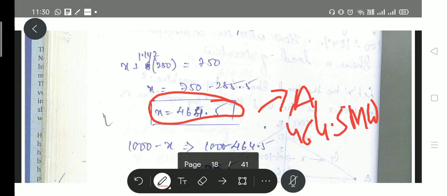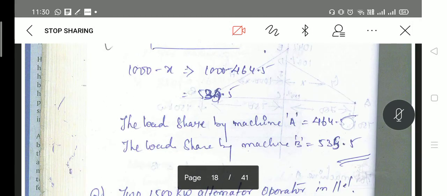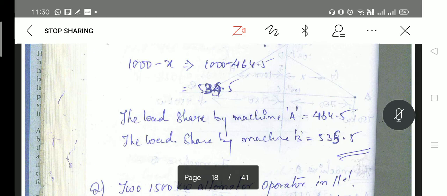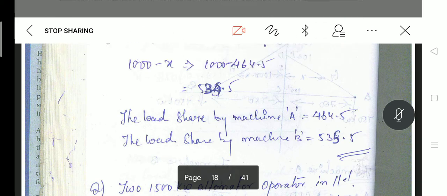And for B, 1000 minus X, substituting the X value, we get the power supplied by the B load, that is 1000 minus 464.5, so 535.5. The load shared by machine B is 535.5 megawatts.